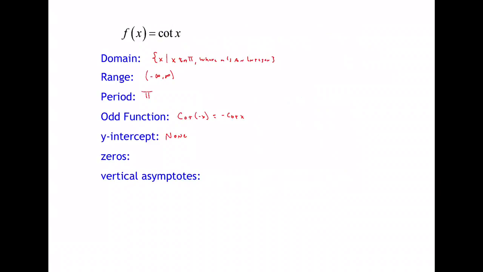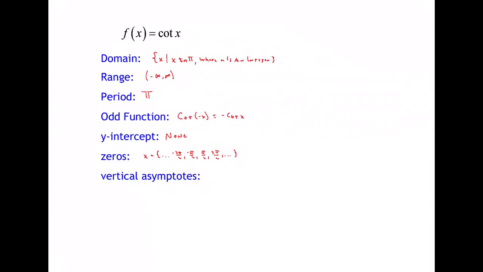We'll just list these out: negative 3 pi over 2, negative pi over 2, pi over 2, 3 pi over 2, and they just keep going from there.